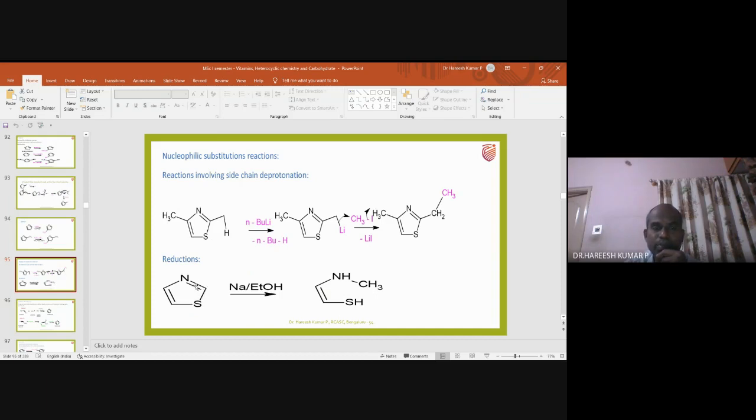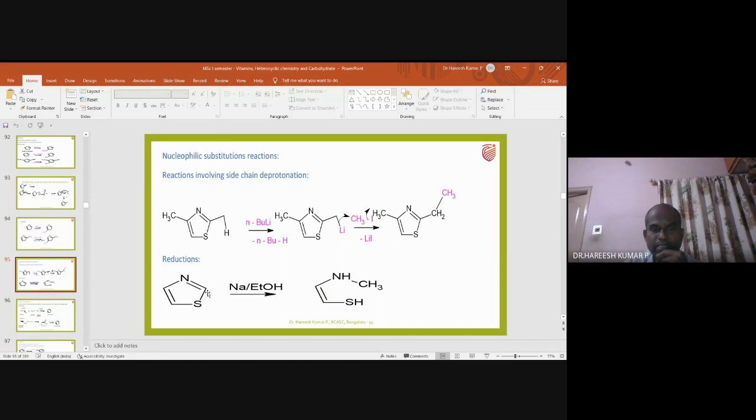The bond pair will sit on the nitrogen, and that bond pair picks up a proton from the ethanol. So initially there will be a formation of NH. Then there is one electron here, so the double bond is reduced into a single bond.